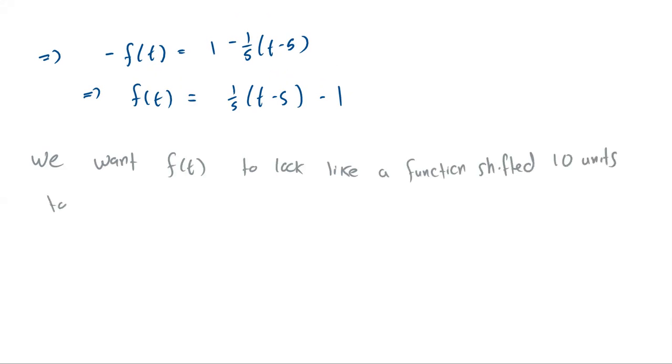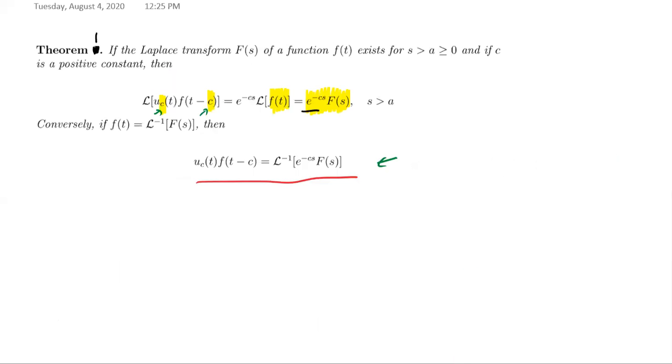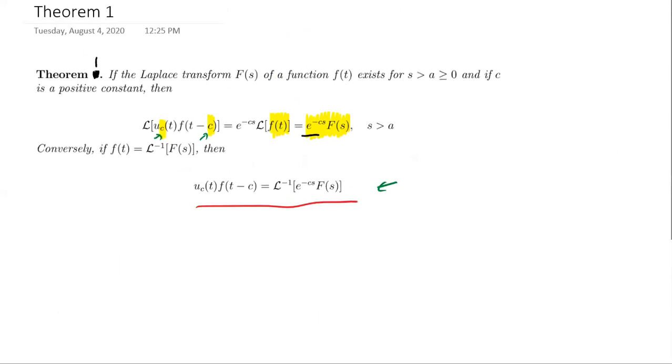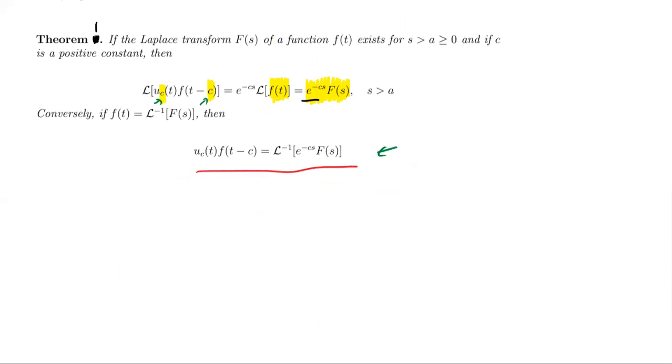Why? Because by theorem 1 in section 6.3, we know that we can easily take the Laplace transform of a product of a step function with a function that's shifted by the same amount as the c in the step function.